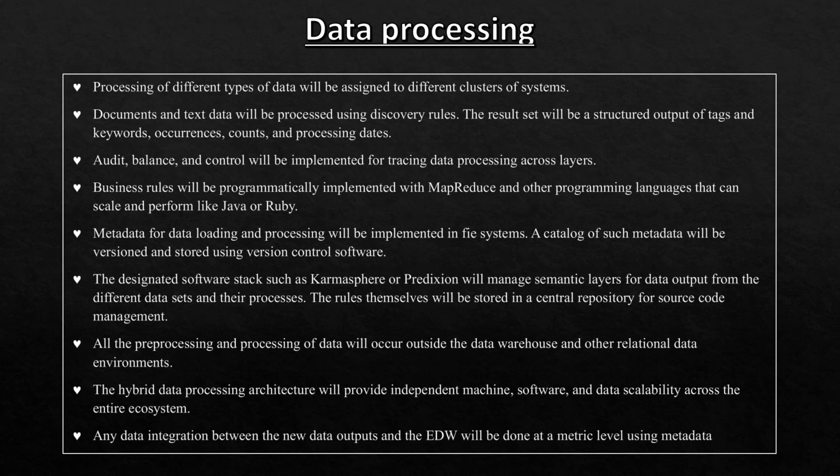Okay, and then number, I lost count already. Okay, 6, 7, 8. The hybrid data processing architecture will provide independent machine, software, and data scalability across the entire ecosystem. And lastly, any data integration between the new data outputs and the EDW will be done at a metric level using metadata. I know you've seen a lot of these technology names like Karmasphere, Prediction, and so on.